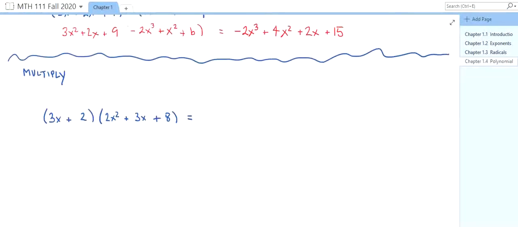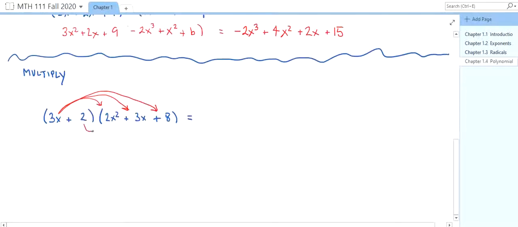Let's talk about multiplying 2 polynomials together. When we multiply 2 polynomials together, we can use the distributive rule and just distribute these terms. I could take this term, multiply it by the first term here, the second term, and the third term.